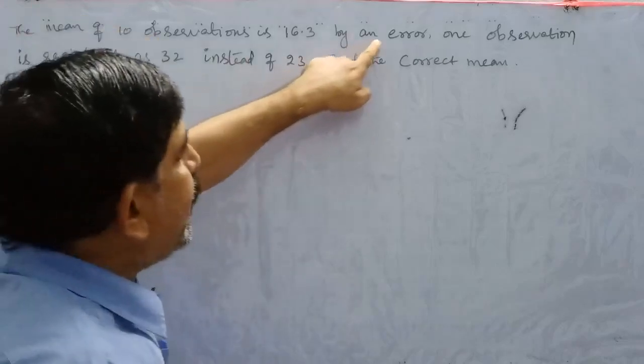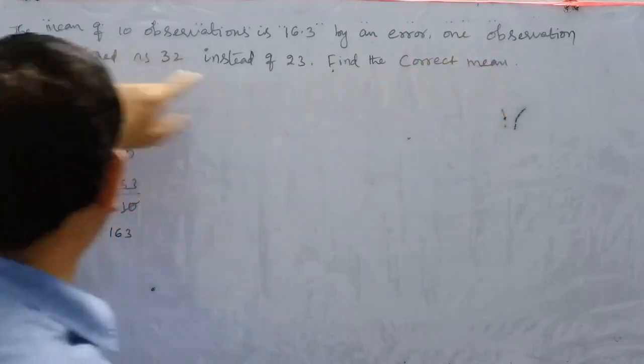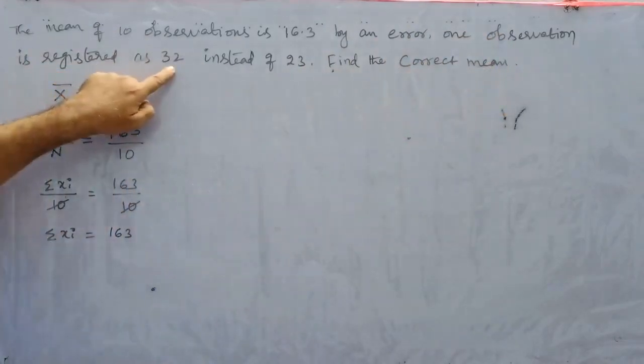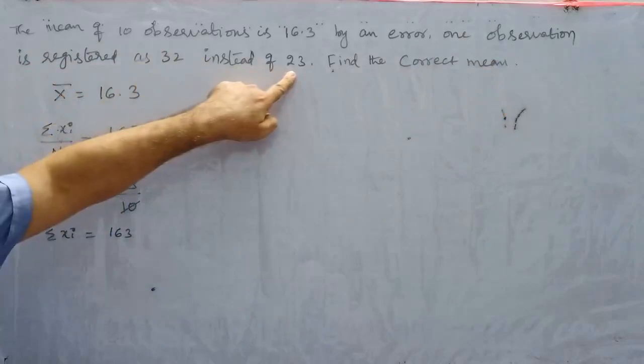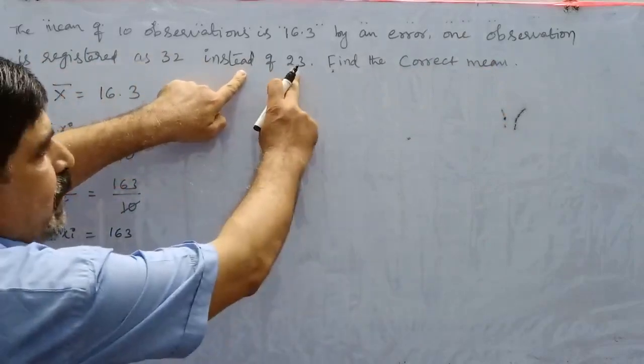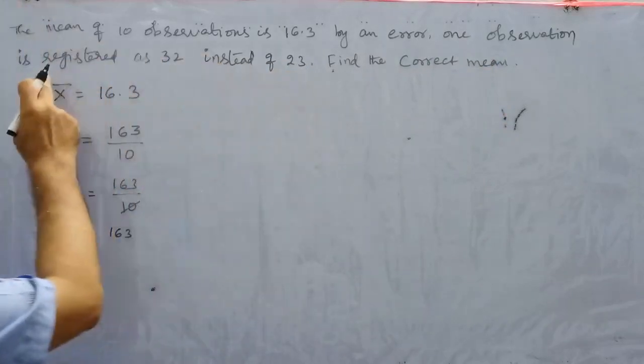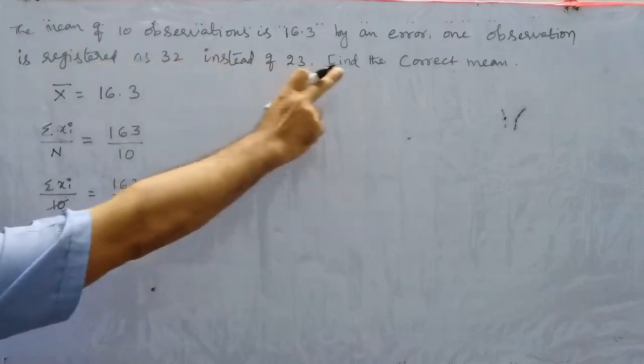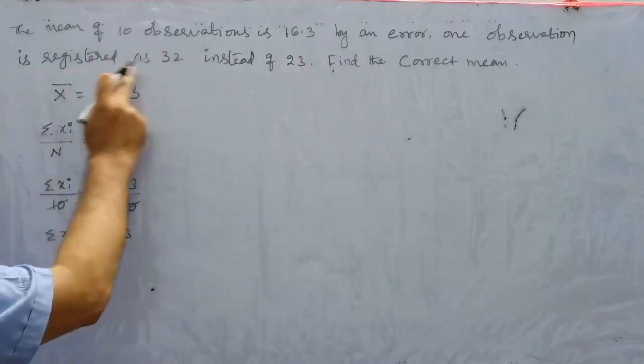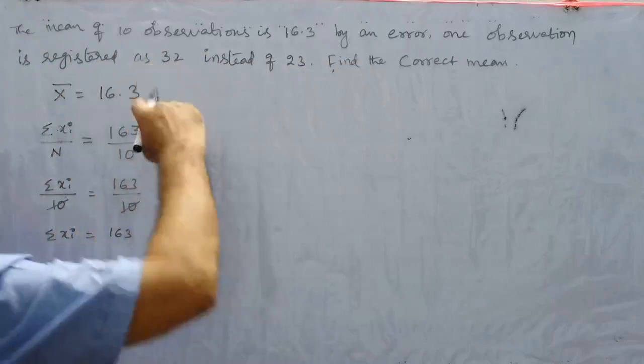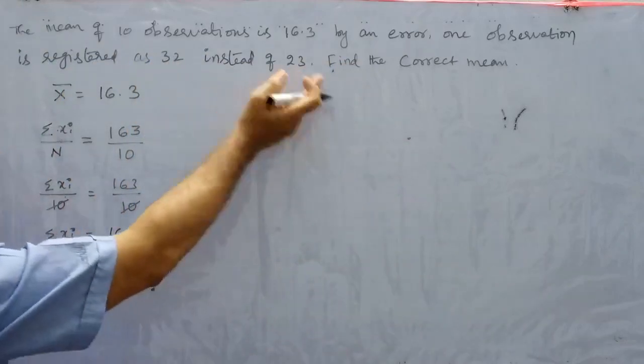Now, by an error, one observation is registered as 32 instead of 23. So the actual observation is 23. So we have to delete 32 and we have to add 23.